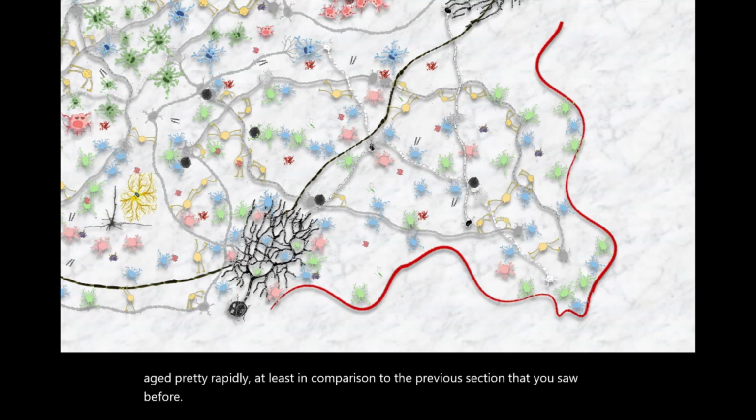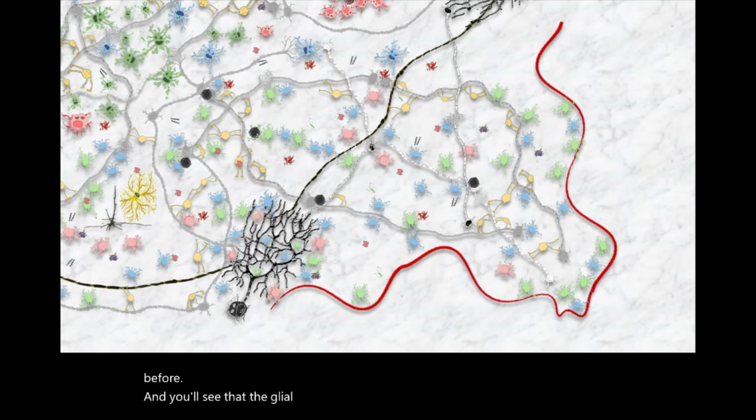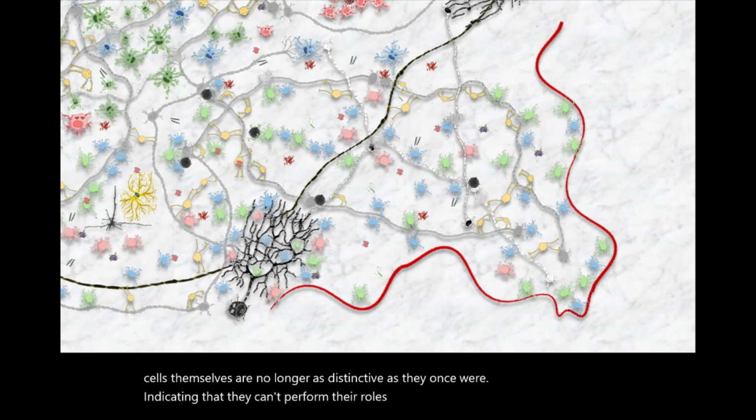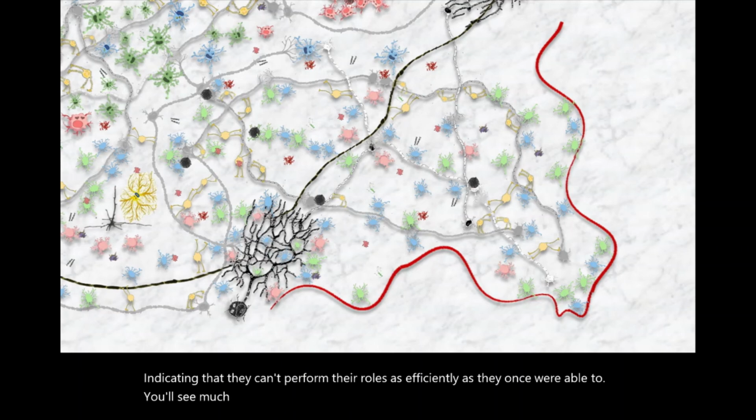And you'll see that the glial cell population has become much more sparse. The glial cells themselves are no longer as distinctive as they once were, indicating that they can't perform their roles as efficiently as they once were able to. You also see much more protein accumulations. It becomes easier for proteins to build up and form Lewy bodies or other supposedly toxic substances that do harm to the brain.